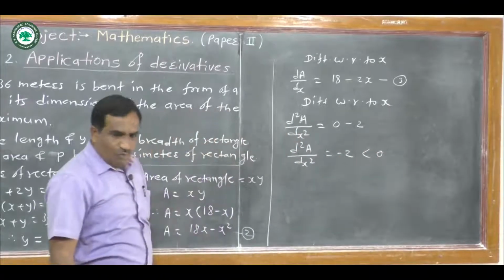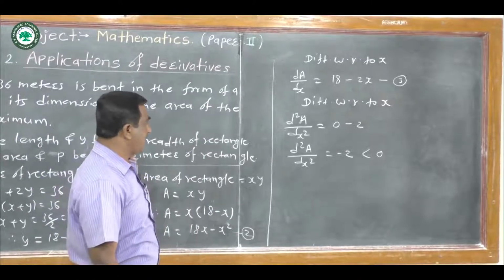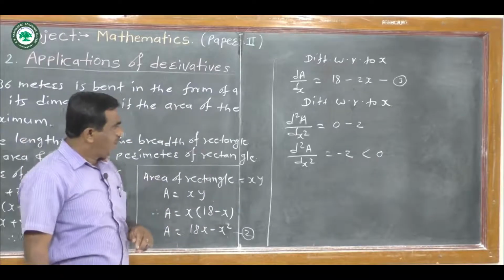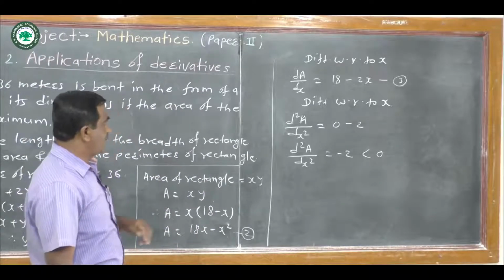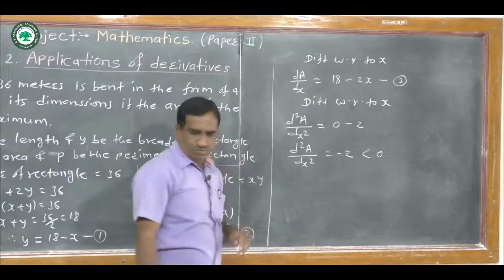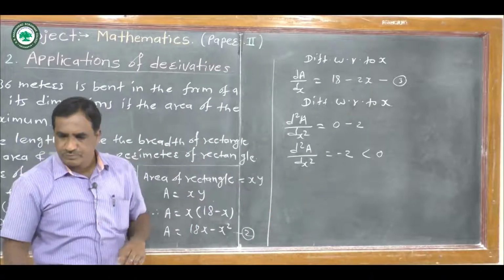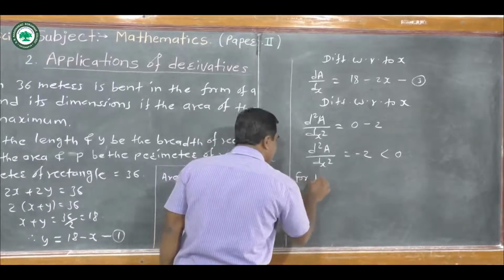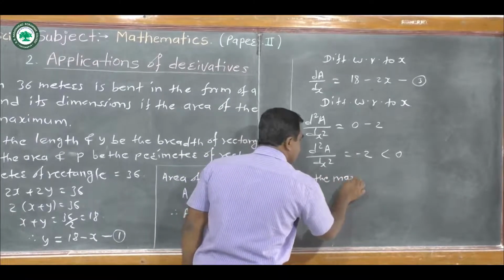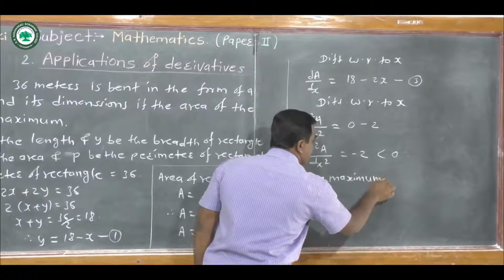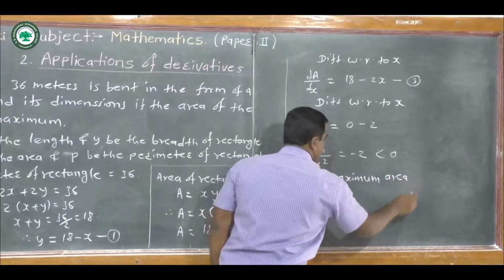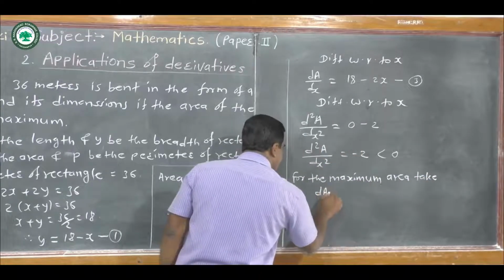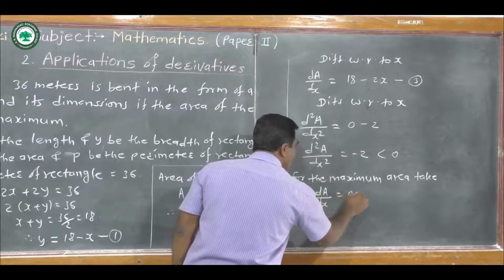Now for the maximum area, we take the first derivative, dA by dx equal to 0.